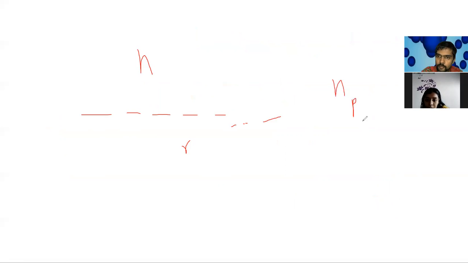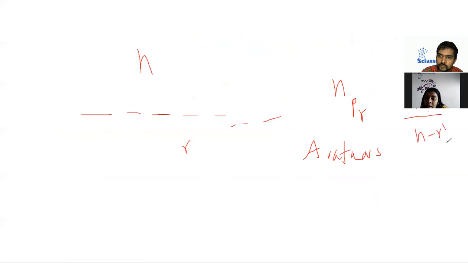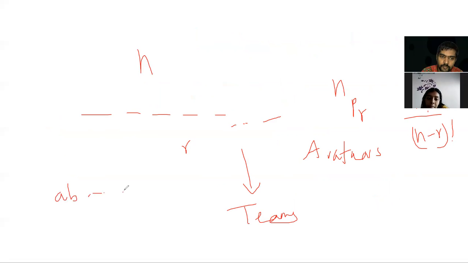Now if I take n and r, I have n items and I have r things. What will be your NPR or number of avatars? N factorial by n minus r factorial. Correct. Now this I want to make into teams. So if I take A, B, C, so on till R items, in how many ways can I rewrite this?